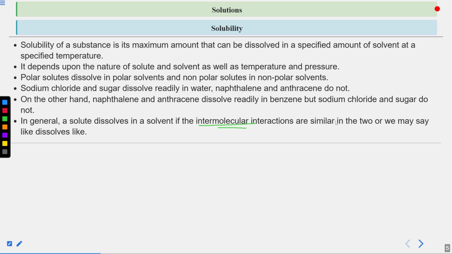This is a very thin line, and you would say that it is very difficult to define. For sugar, you would think that it must be a non-polar one, but it is a polar one. Whereas benzene and anthracene, which look non-polar, are also not soluble in water.